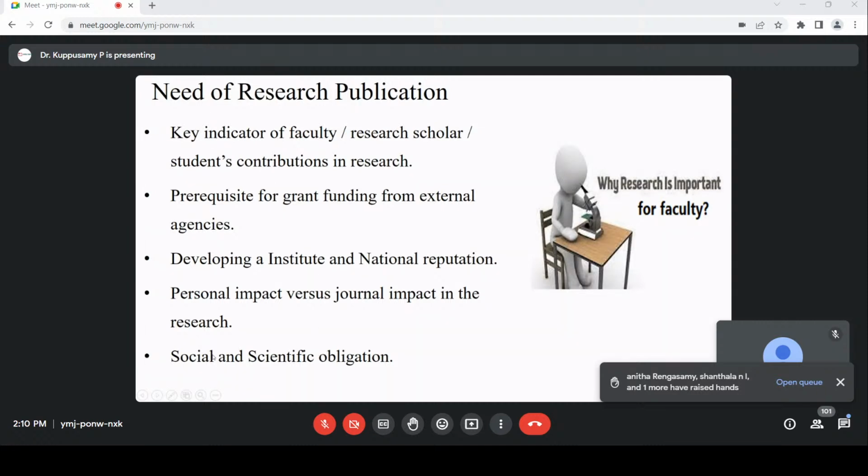One more requirement is that it will fulfill societal and scientific requirements. If you are doing research on a particular problem in the social science, then that will be helpful for society to fulfill one of its requirements. So these are all the reasons to carry out research publications.